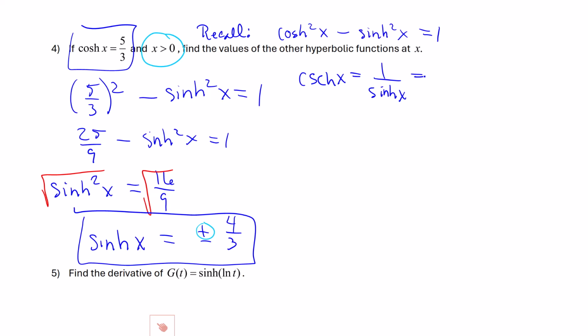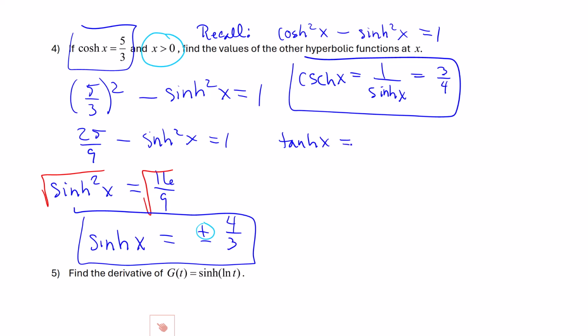So cosecant hyperbolic of x in this context would be the reciprocal of the sinh we just found, which was positive 4/3. So this will be positive 3/4 for cosecant hyperbolic.